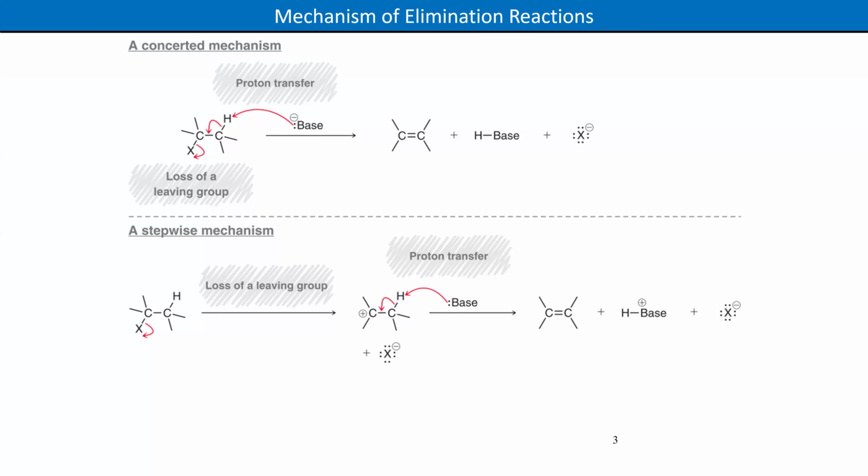So very similar to the SN2 versus SN1 in that it's either all happening in a concerted manner, in which case it's second order, meaning either your concentration of base or your concentration of your haloalkane can affect the rate. Or it's first order, in which case the rate is only affected by the concentration of your leaving group.